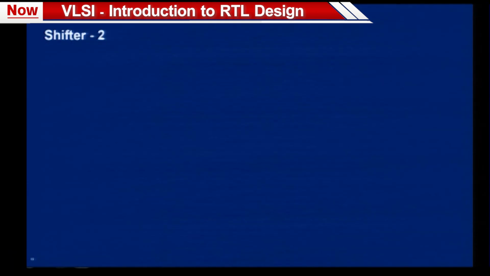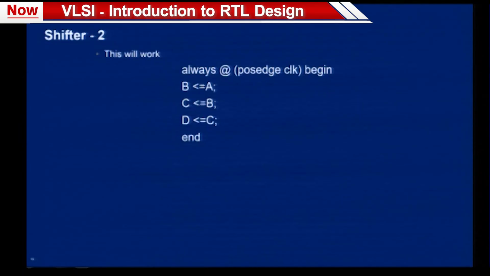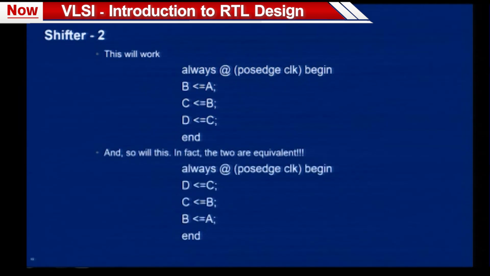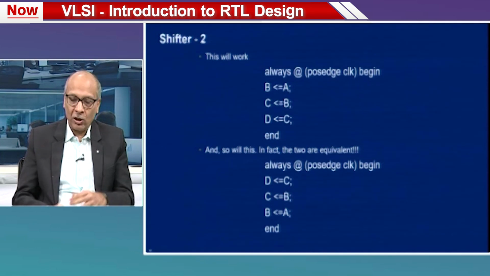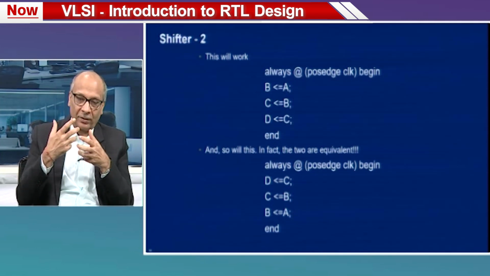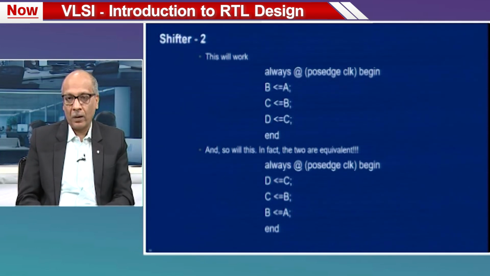So let us look at some more coding styles. This is a valid shifter, and so is this. In fact, both these codes are equivalent. Here also if you see, we have changed the order, but they both will work correctly.